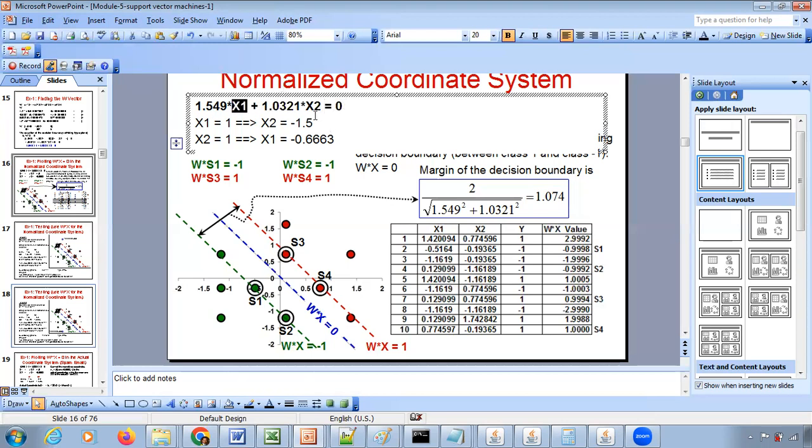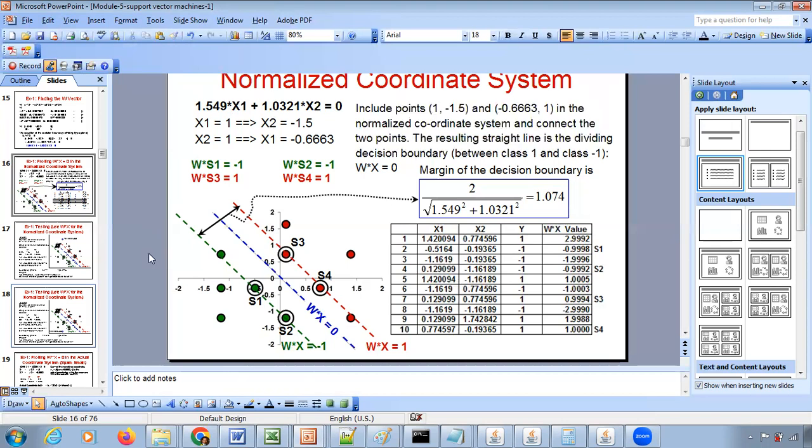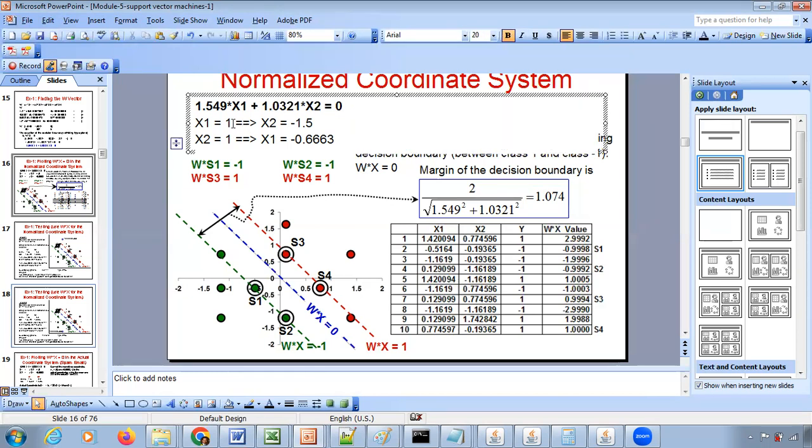Similarly, then x2 equals 0 and solve for x1. But in this case, it won't work because there's no bias term here. So instead of x1 equals 0, we'll put x1 equals 1 and see what x2 is. We could go for anything else as well, but 1 is more conventional because this is a normalized coordinate system. You cannot just pick something arbitrarily.